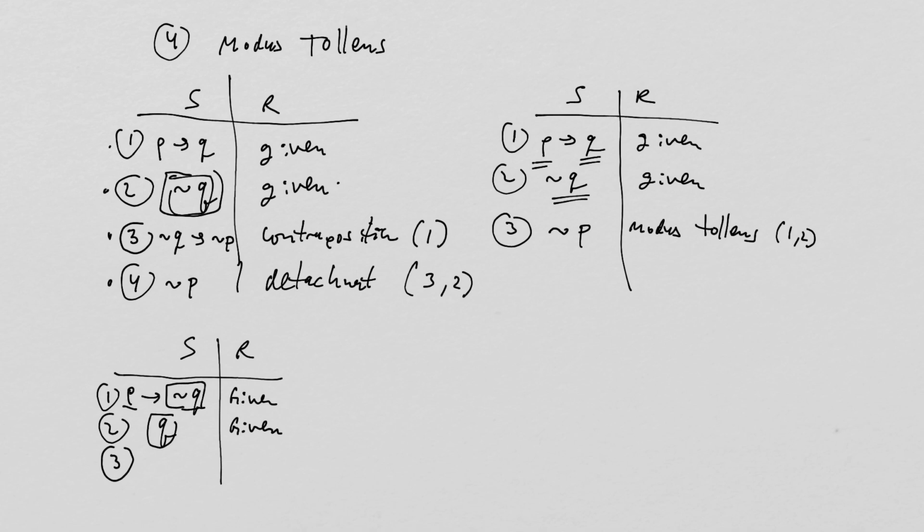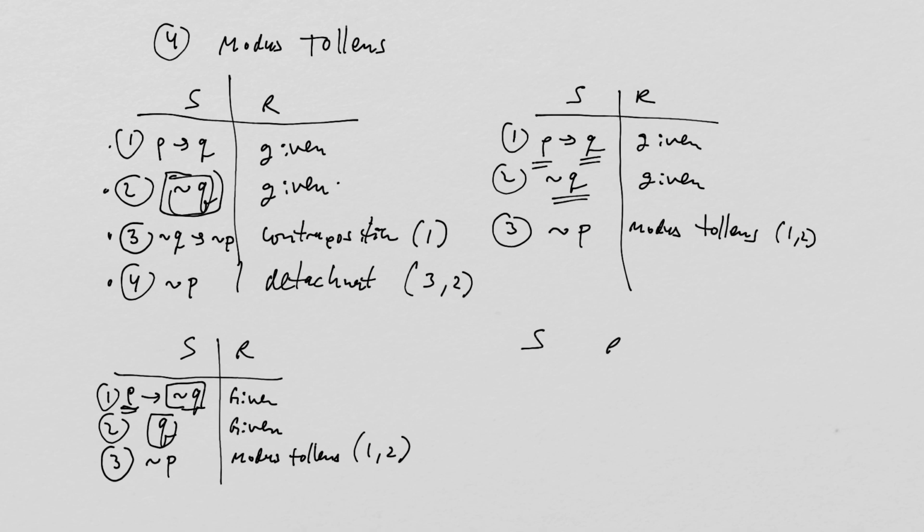The right-hand side was Q, and not Q is given. So you could combine those, and using modus tollens with lines 1 and 2, we can conclude that the negation of the hypothesis, the thing on the left, is true. So that's modus tollens.